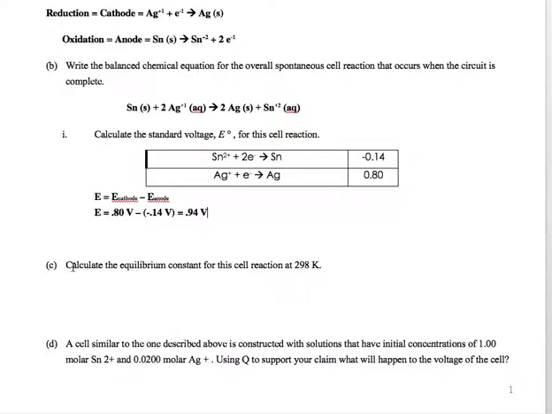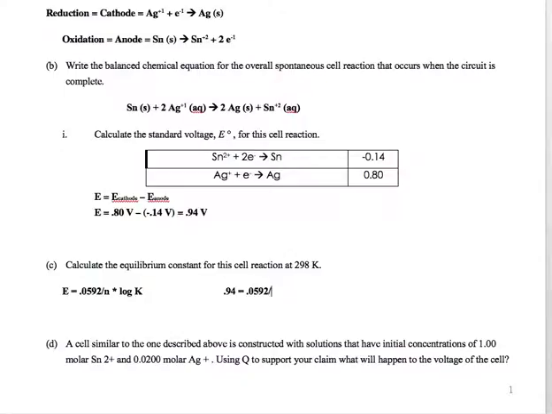For the next one, they want you to calculate the equilibrium constant. So your E naught equals 0.0592 divided by the number of electrons times the log of K, and you're basically solving for K. You calculated your E naught as 0.94. The 0.0592 is just a given constant.